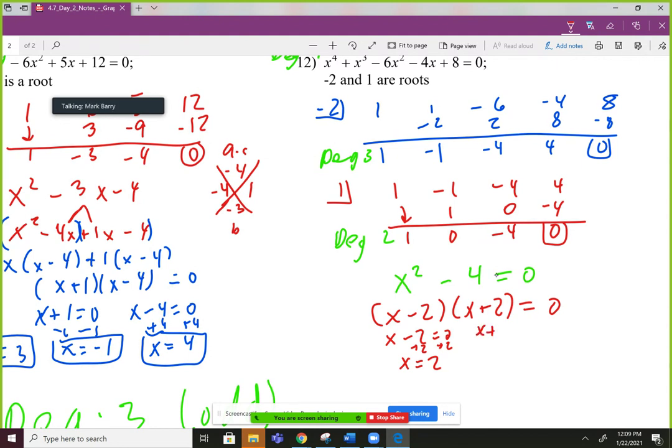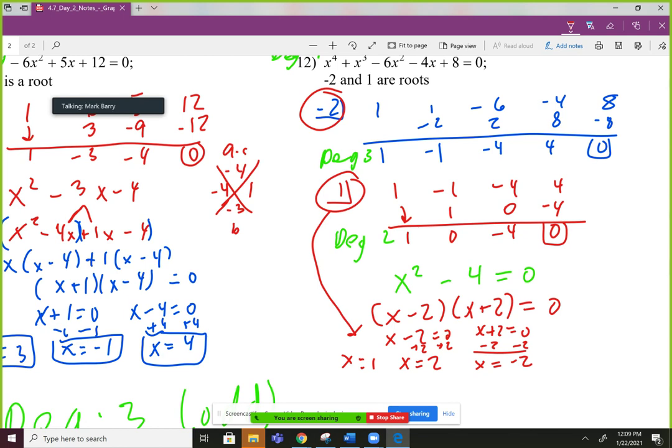If x plus 2 equals 0, I subtract that over. x equals negative 2. But remember, because 1 worked, x also equals 1. And also remember, since negative 2 worked, x also equals negative 2.